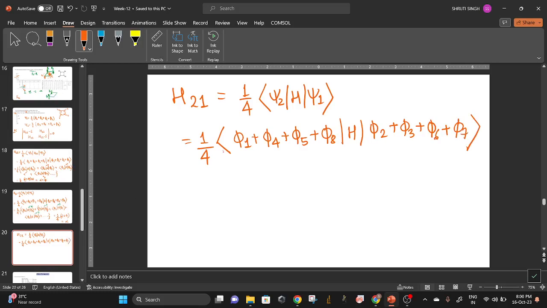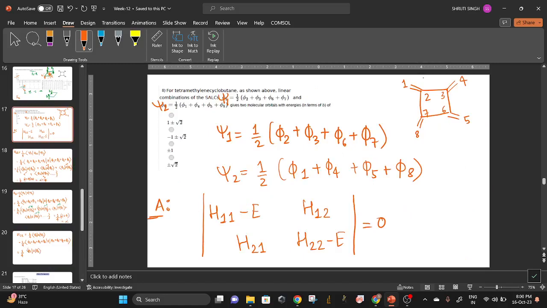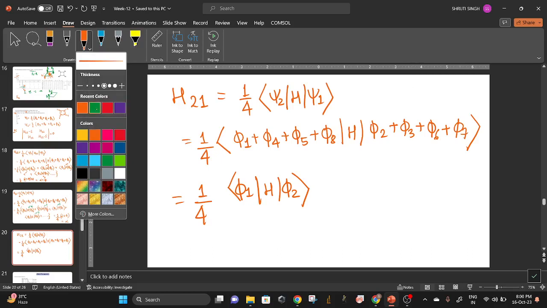Now again this will give 16 terms, but this time all others will be 0 and we will be left with phi1 H phi2. Since 1 and 2 are adjacent, this value will be beta.